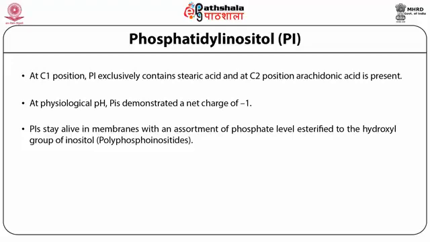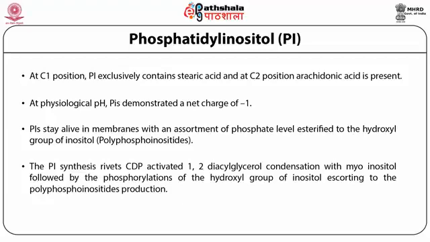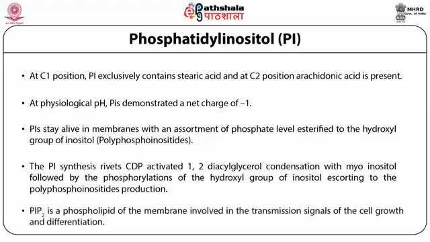It exists in the membranes with an assortment of phosphate groups esterified to the hydroxyl groups of inositol. Phosphatidylinositol's synthesis derives from CDP-activated 1,2-diacylglycerol condensation with myoinositol, followed by the phosphorylation of the hydroxyl group of inositol, leading to the production of phosphoinositides. The phosphoinositol phosphate is a membrane phospholipid involved in the signal transmission of cell growth and differentiation.